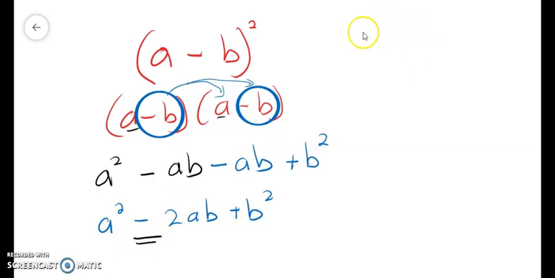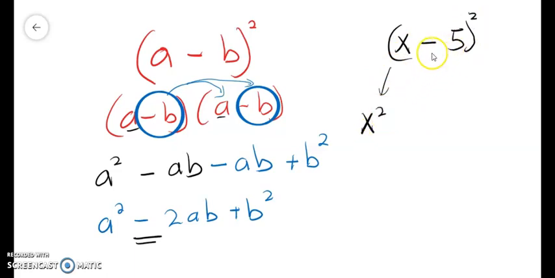Now let us try with an example. x minus 5, and then we square it. Let us do it in a shortcut way. So here you have x square. In the middle we just have to take this negative 5, we square it, you'll be getting the plus 25, because negative negative you'll be getting the plus.